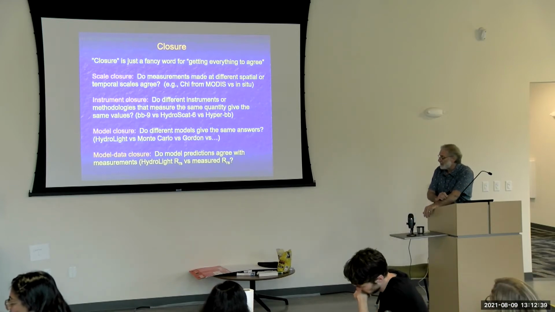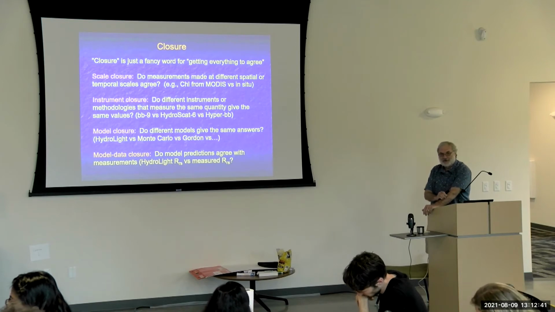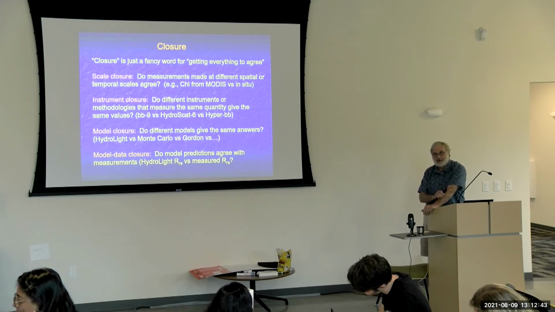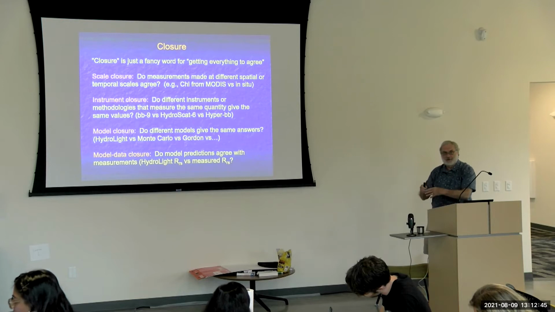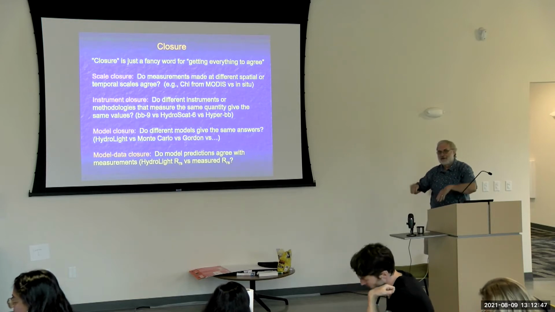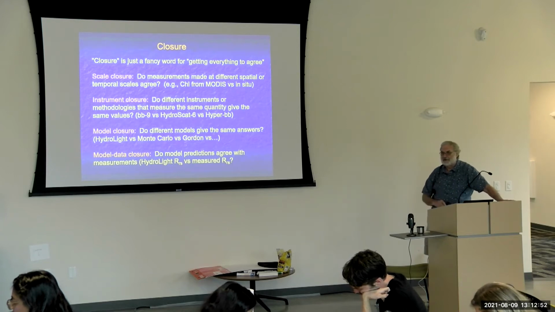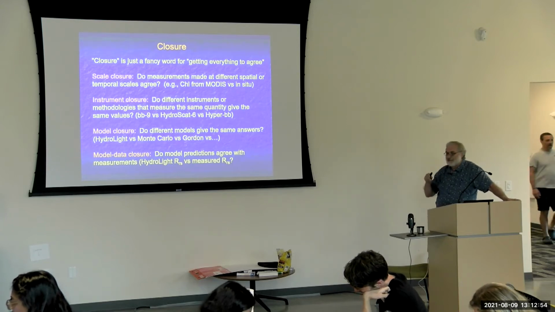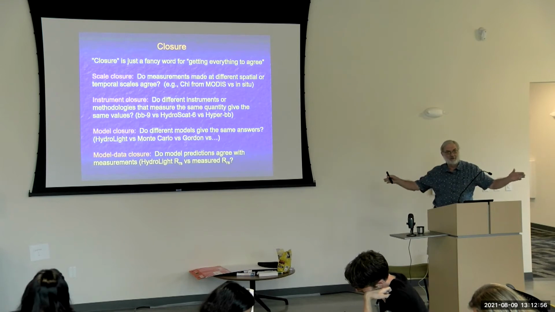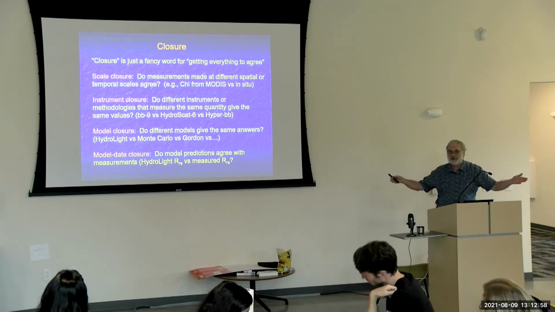So you kind of have to ask yourself, if I measure chlorophyll at just one point, can I really expect that to agree with the MODIS chlorophyll, even if the atmospheric correction's perfect and your algorithm's perfect and all of that? Because if the water's horizontally homogeneous, you would expect them to agree.